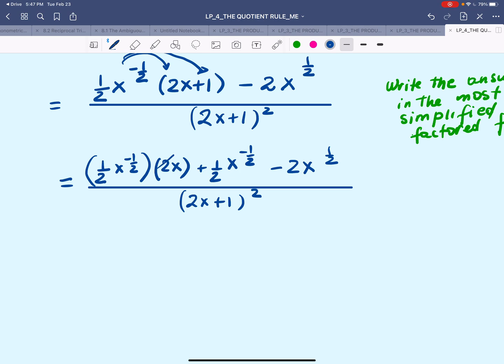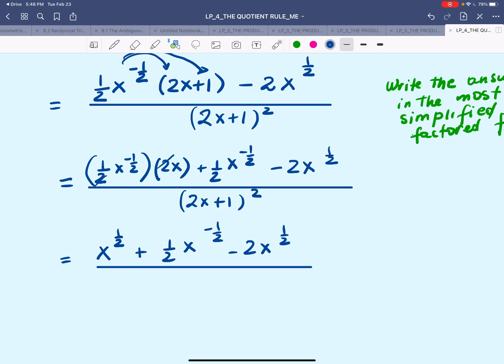So 2 and 2 simplifies. x to the negative 1/2 times x to the power 1 gives x to the power 1/2. And then we have plus 1/2 of x to the negative 1/2 minus 2x to the power of 1/2. Now, this is all going to be over 2x plus 1 to the power of 2.